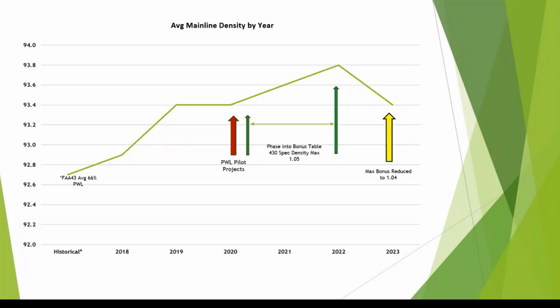So after that start in 2018, you kind of see where it started rising here with the pilot projects. The first pilot projects with PWL were in 2000, so you can see that spiked it up to here. And then what I think is interesting is the bonus or the pay table in section 430.